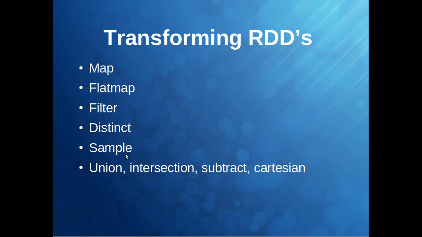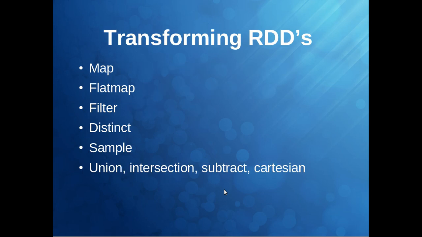Let's say your data set is very massive and you want a sample from that data set. Sample is random. It will give you some part of your data set as test data. You can also do union, intersection, subtract, and Cartesian. These are the transformations we can perform.